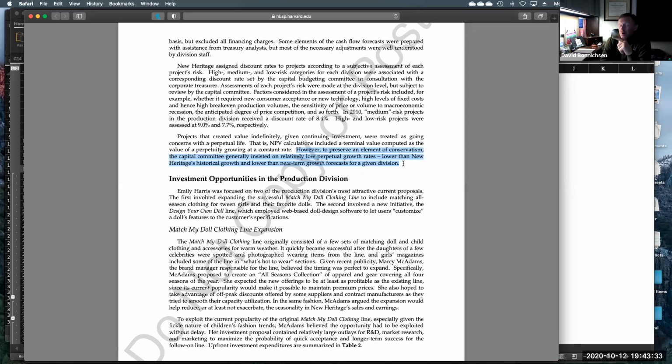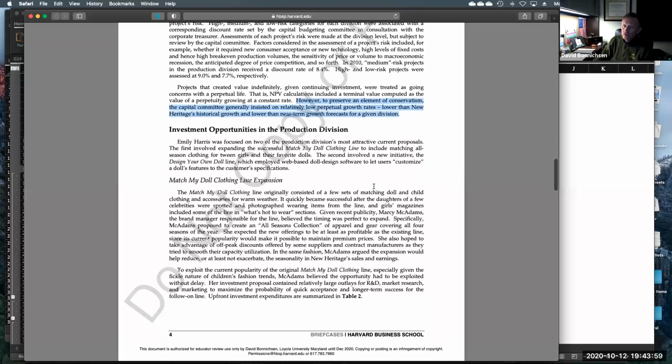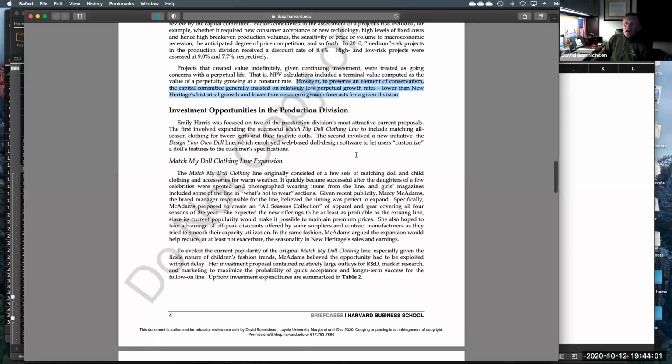But if we took that final value and we divided it by the difference between the WACC and the growth rate, it's a more conservative estimation of what the terminal value of that project might look like. So give some thought to what that means as it relates to how you go about calculating the terminal value.